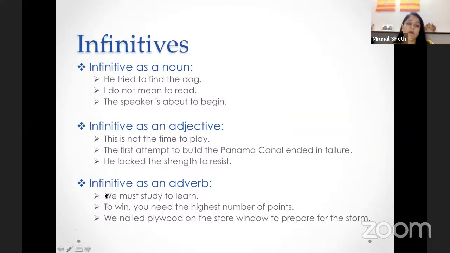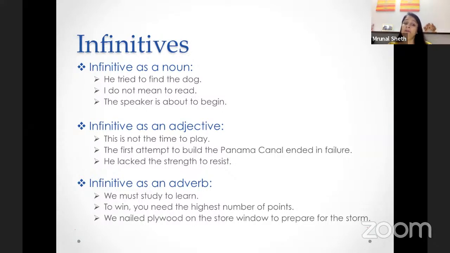Okay, infinitive as an adverb. So an infinitive is many times also used as an adverb. We must study to learn. Study how? To learn. Okay? To win, you need the highest number of points. Why do you need the highest number of points? To win. So it is giving you a reason, and hence it's an adverb.